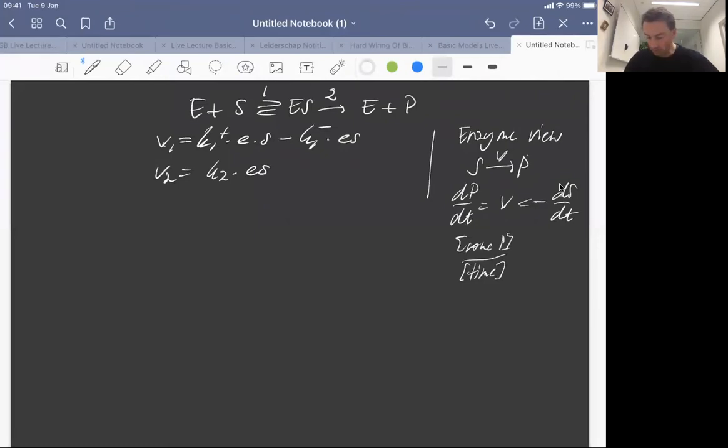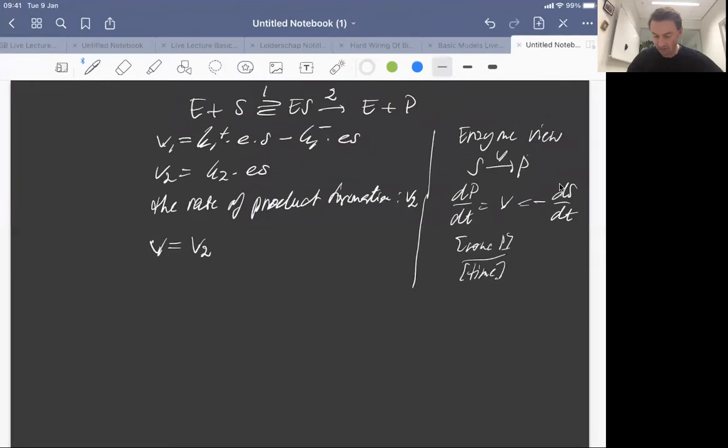And when we identify in the enzyme mechanism perspective what the rate of the enzyme is, the rate of product formation is V2. So that means that the rate of the enzyme on the left-hand side is V2, right? And this V turns out to be V2.